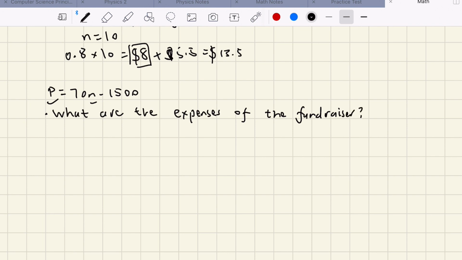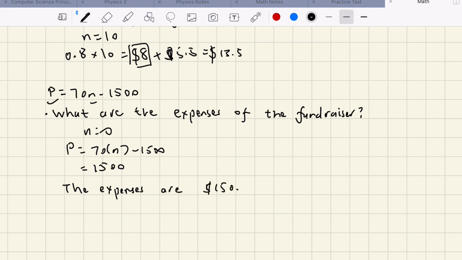Before any tickets are sold, all we have is expenses, which means the expenses are equal to the value of P when n equals 0. We just plug it into the equation, and we get 1,500. So the expenses of the fundraiser are $1,500.